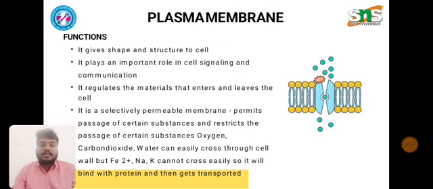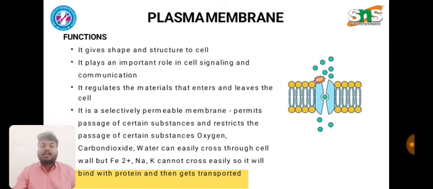Okay, and next we are seeing about the functions. It gives shape and structure to the cell. It plays an important role in cell signaling and communication. It also regulates the materials that enter and leave the cell.